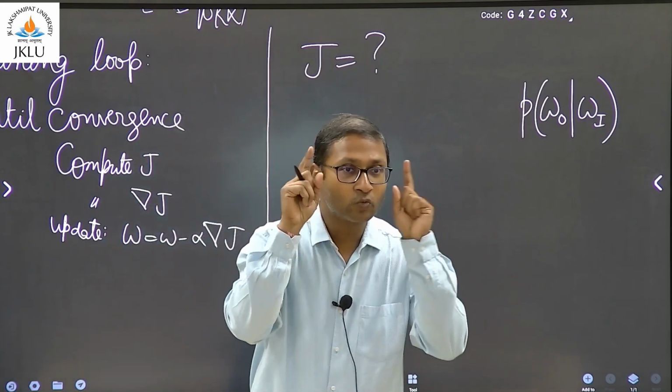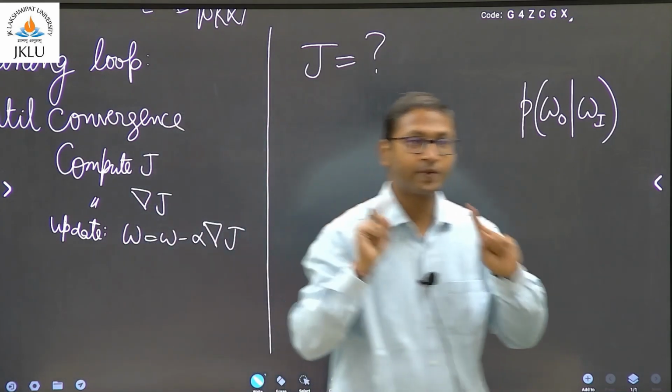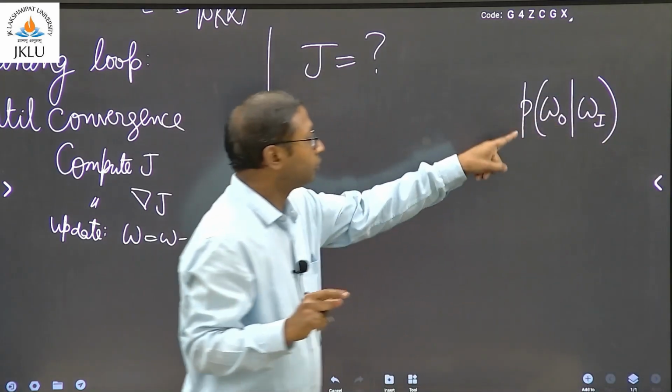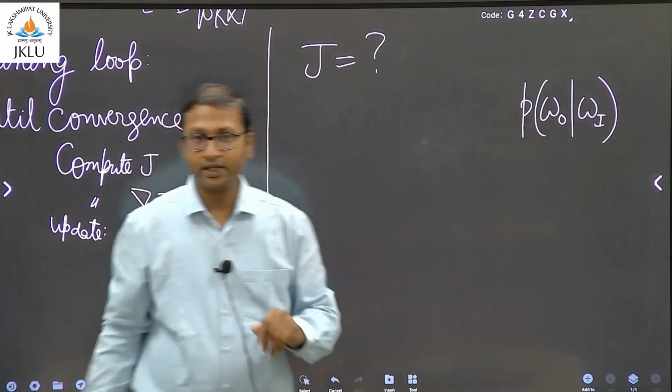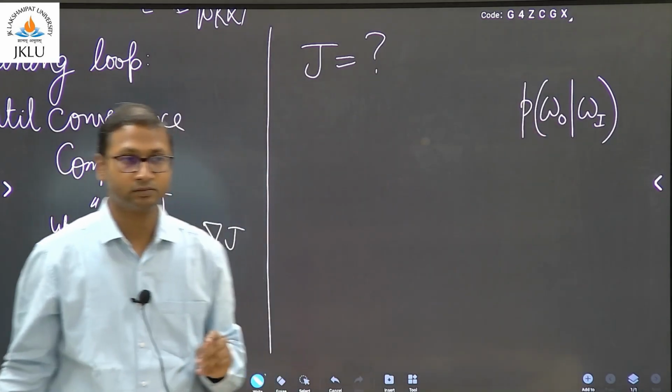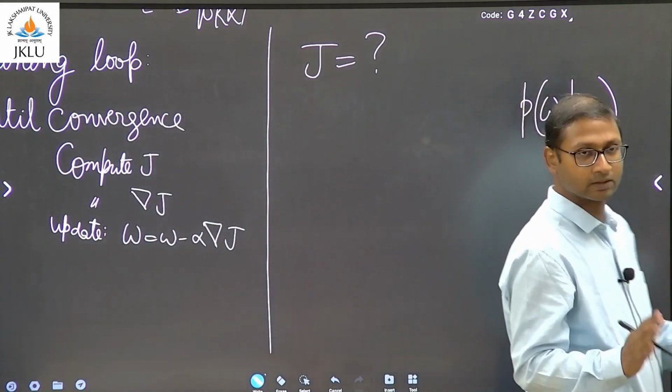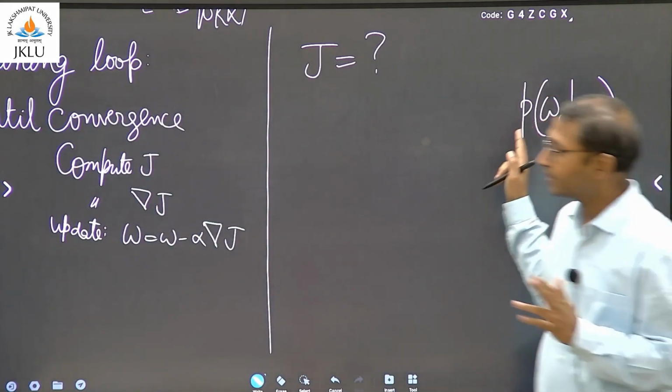We did it for just one pair. How many such pairs were there? 4 billion. Okay. So do you want to maximize this probability? सोच लो आराम से. Do you want to maximize this probability or minimize this probability?